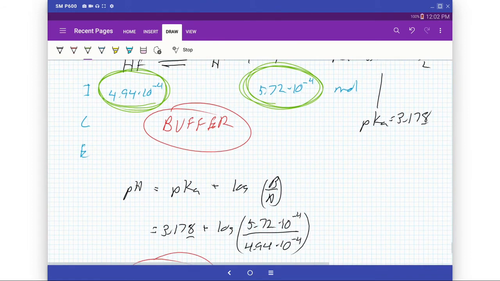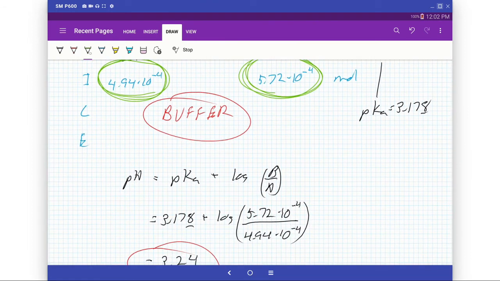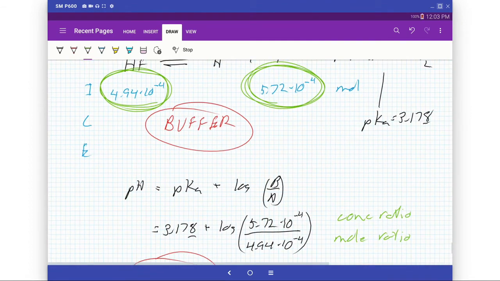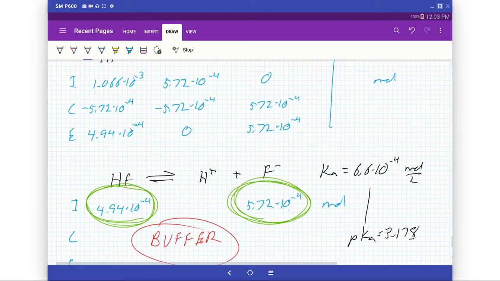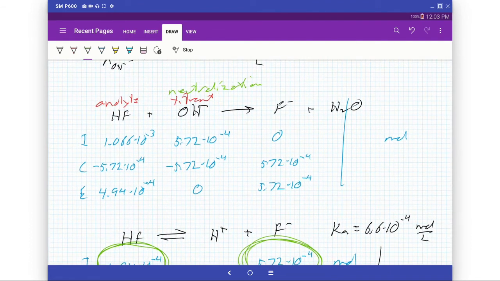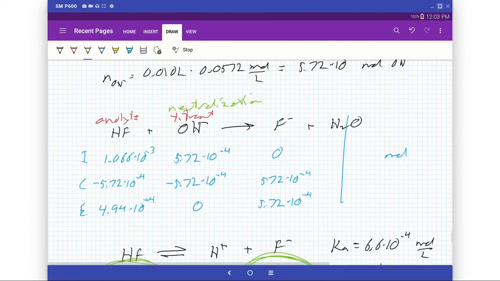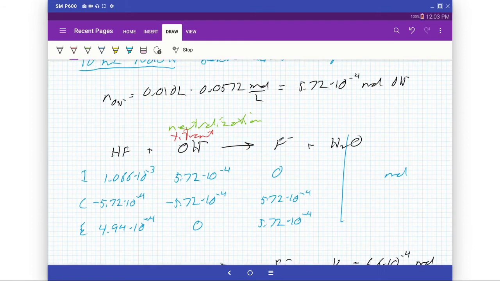And we talked about it the other day, but just as a reminder, this can be a concentration ratio. It can be a mole ratio. We showed the other day that the concentration ratio equals the mole ratio because the volumes just cancel out. As a matter of fact, once you get comfortable with this, you can look at this and go, okay, wait a second, let me just delete a few things.